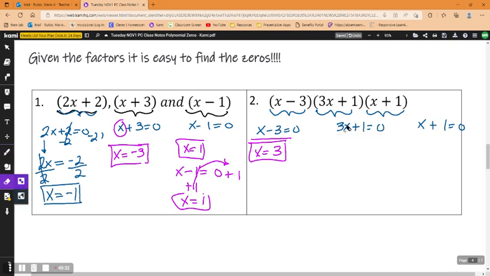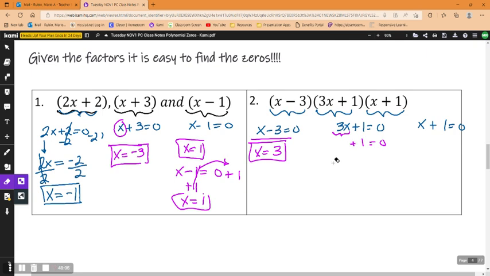Okay. So I know 3 times something plus 1 has to equal 0. So what I can figure out here real quick is whatever I multiply 3 by, the answer has to be -1, right? Because -1 plus 1 equals 0. So then I just have to figure out, what times 3 will give me -1?